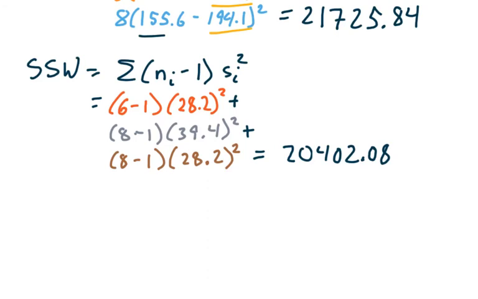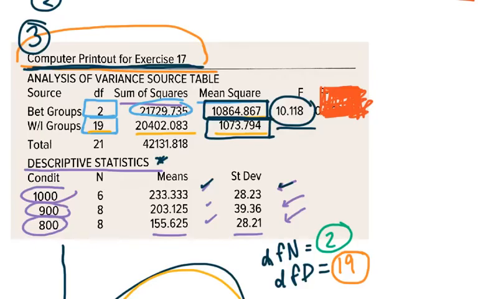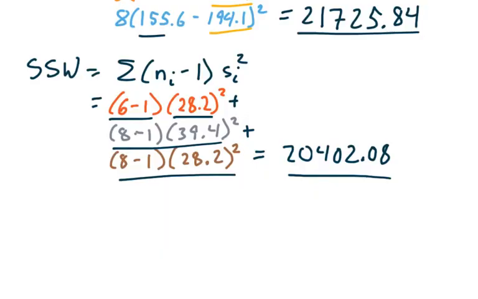So here we are taking 28.2, squaring it, and multiplying that by, for the first group, the sample was 6, so 6 minus 1, and so on and so forth. And what we get out here is 20,402.08. And here we had this. If you flip back and compare, you'll notice they're not identically the same. But why is that? That is just due to rounding error.